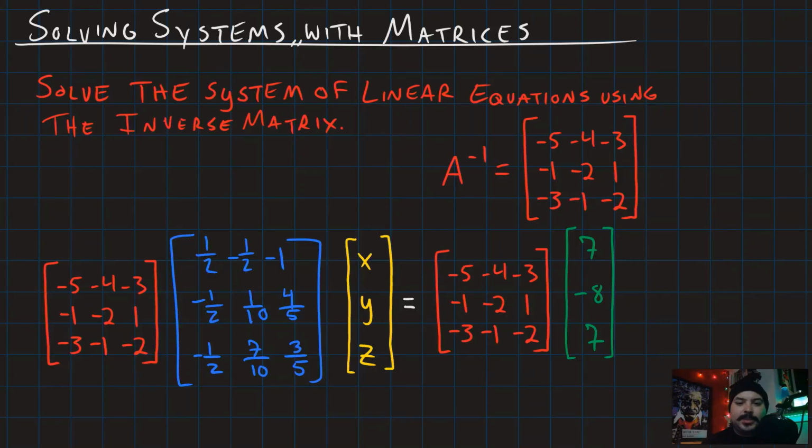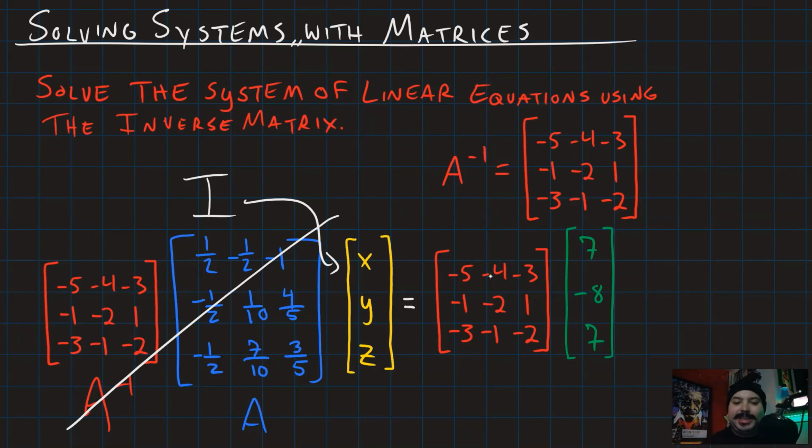So once again, you need to take the inverse of A and multiply it on both sides of the equation, remembering to keep it to the left of each matrix. When I multiply matrix A inverse with matrix A, these will cancel out or give us the identity matrix.